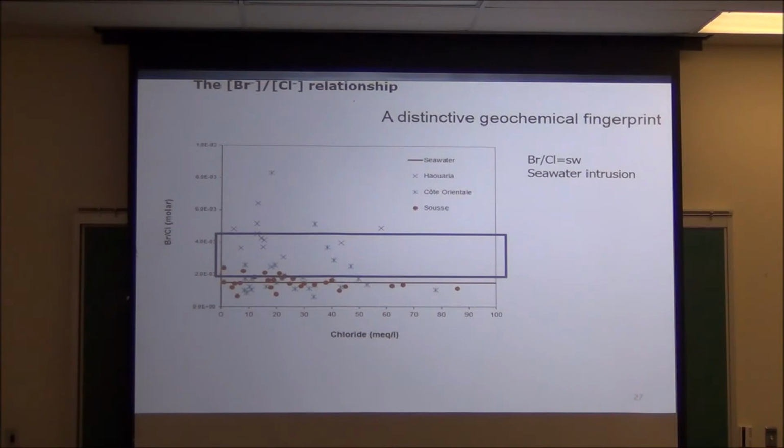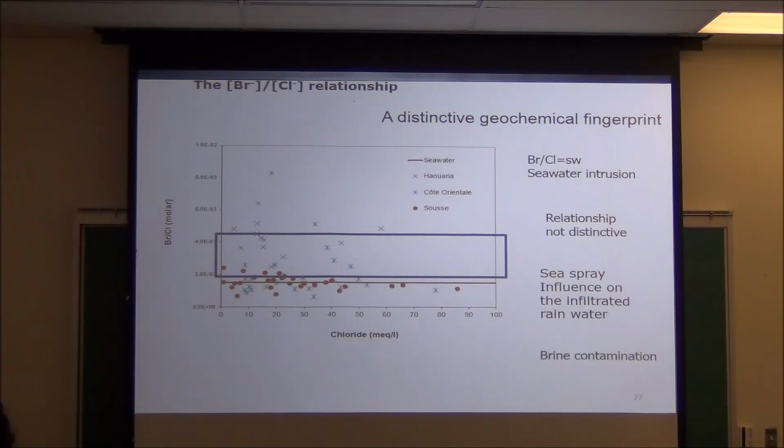In some cases, this relationship is not very distinctive, since maybe 2/3 of the samples range far from this marine ratio, about 20%. The origin of this salinity in this case is related to the sea spray and the influence of the infiltrated rainwater, and in some cases also brine contamination.